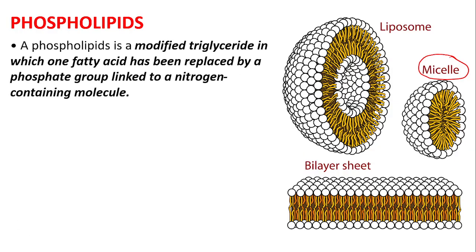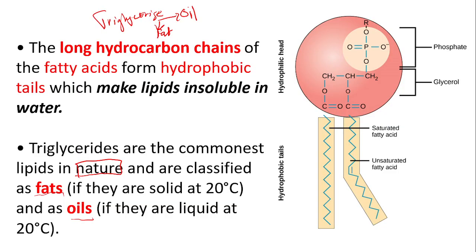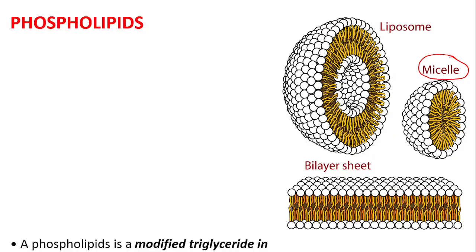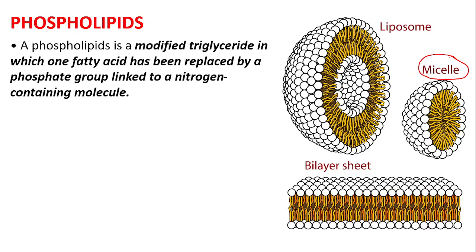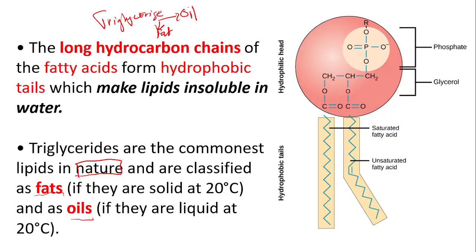So phospholipid is just a modified triglyceride. That's the reason why I put a phospholipid on the triglyceride. Phospholipids are just modified triglycerides in which one fatty acid has been replaced by a phosphate group linked to a nitrogen containing molecule, like this one.